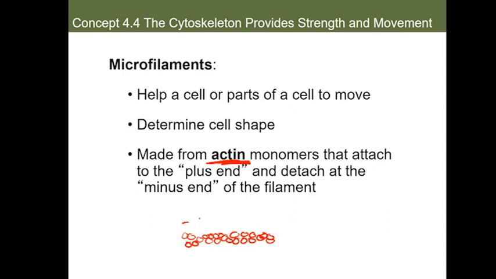And you have your minus end and your plus end, and new ones attach over here, and some can detach over here. So this helps it grow and get smaller where it needs to. So these are each actin monomers.